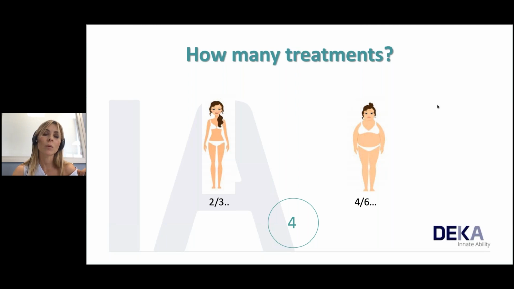How many treatments? Well, it depends on the body type. If the patient is a normal type patient, we normally perform 2-3 sessions. If the patient is an overweight patient, we will perform 4-6 sessions, but an average of 4 sessions.